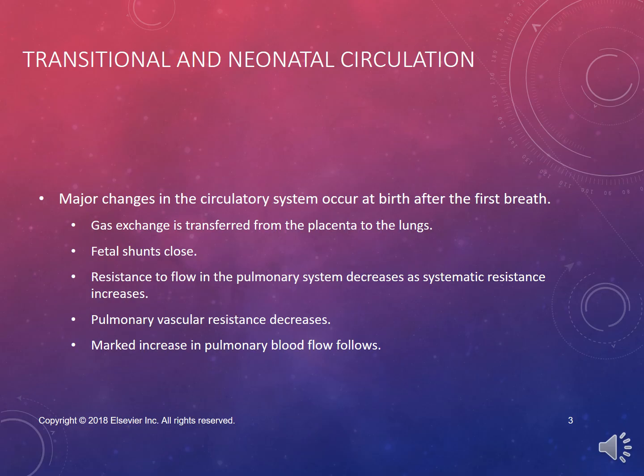So that very first breath actually causes them to close, and then the pulmonary system resistance is going to start increasing, and all of this is going to start happening because it's going to create that pressure change. So we talked about how the pressure in the left side is greater than it is in the right side. During fetal circulation, they are even, so these shunts have to close in order for that change to happen.